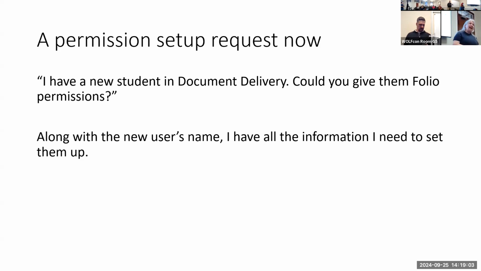Now, at last, someone can say, I have a new student worker, this is their name, this is their network ID, and give them the proper Folio permissions, and I can. I know, because I've called this particular set document delivery student. They're a student, they're document delivery, there you go.